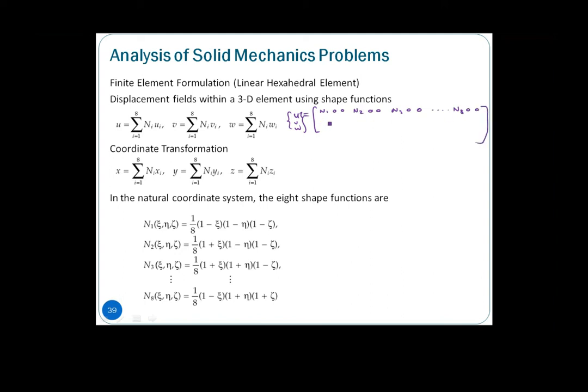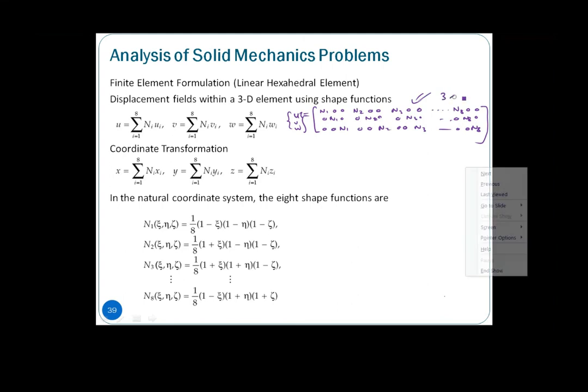Then the next row is 0 n1 0, 0 n2 0, 0 n3 0, until 0 n8 0. Then 0 0 n1, 0 0 n2, 0 0 n3, until 0 0 n8, multiplying u v w. So that is our shape function matrix, having a size of 3 times 24.